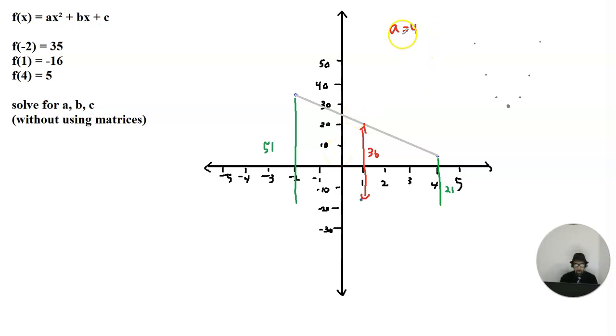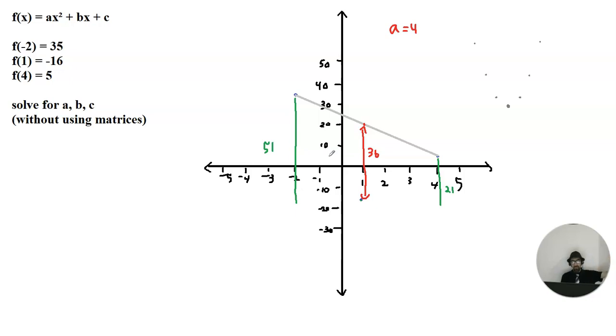And I know that if a were 1, my differences would be increasing by 2 here. With a equals 4, I'm just doing a vertical stretch by 4. The differences are going to be 8. Right? So I know that to go from f of -1 to f of 0 would be a drop of 17.